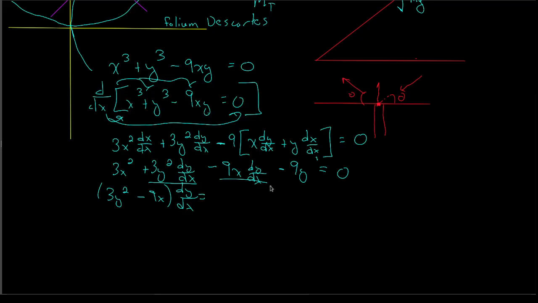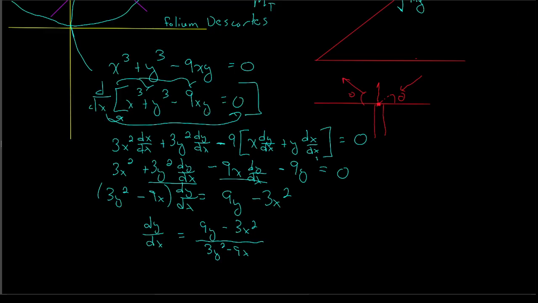Then in the other things, I'm going to take 9y, add that to this side, minus 3x squared. And do my division. And we have a relationship to find the slope.